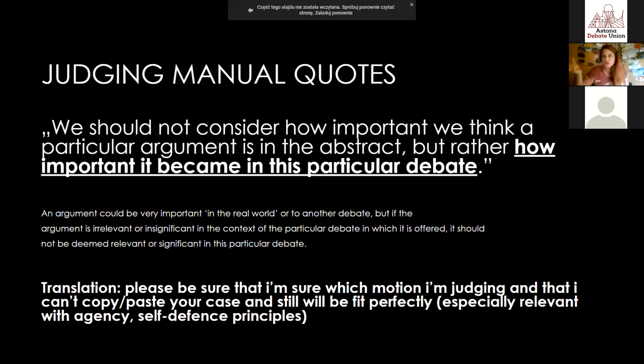So people should be sure after your speech that they are judging this motion and not the similar motion which they saw 2 weeks ago or something. And this is the burden usually on speakers, because sometimes the abstract arguments will be less persuasive than something which meets the burden of the motion, which is within the context which the motion setter imposed on the debaters.